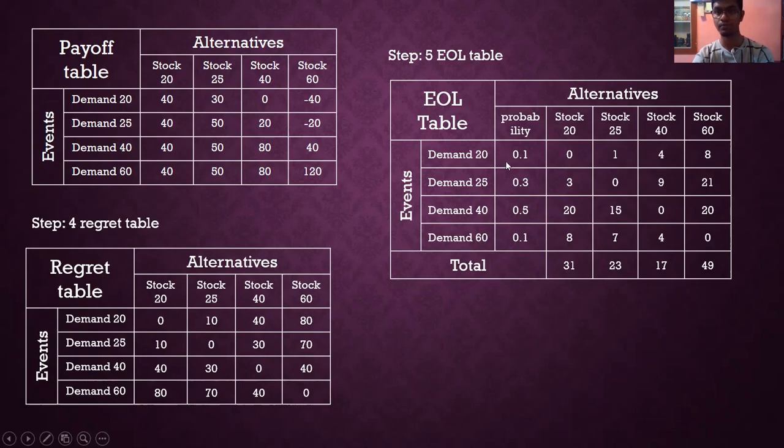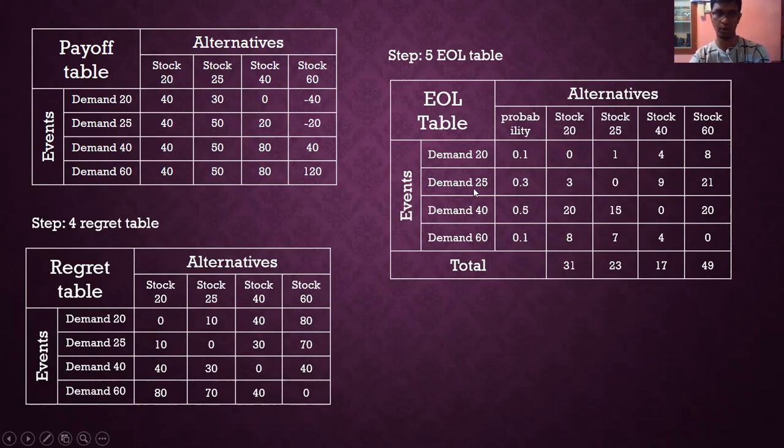So now we got the probabilities. After getting the probabilities, we have to look into the regret table. To fill these values, we have to multiply using this particular probability. Demand 20 probability is 0.1, right?